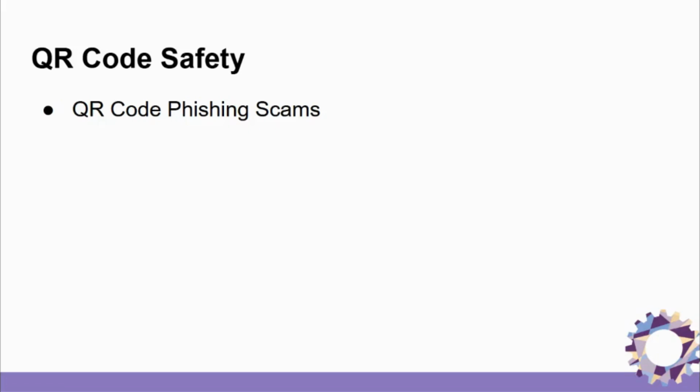The FBI issued a public warning about this in 2022, noting a rise in fraudulent QR codes placed over legitimate ones in public spaces, including parking meters, flyers, and business signs.